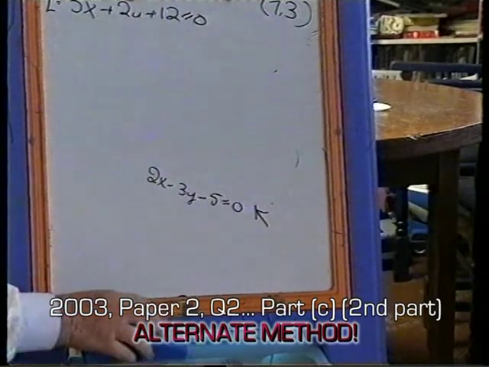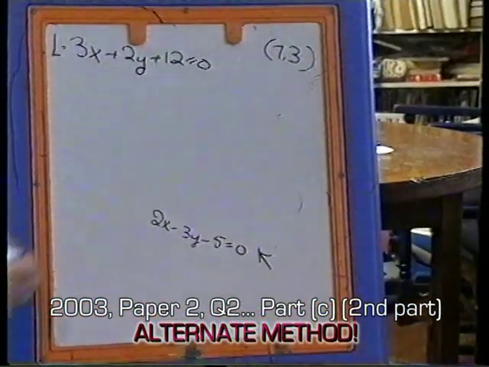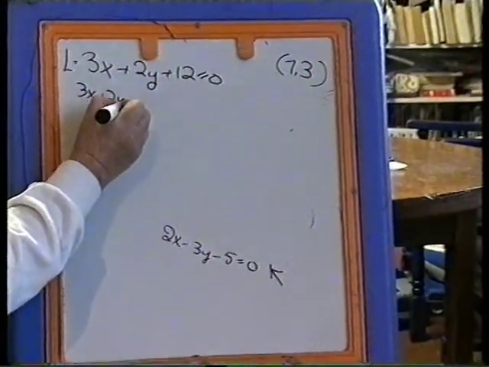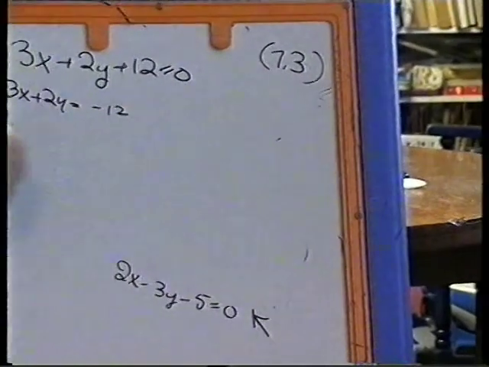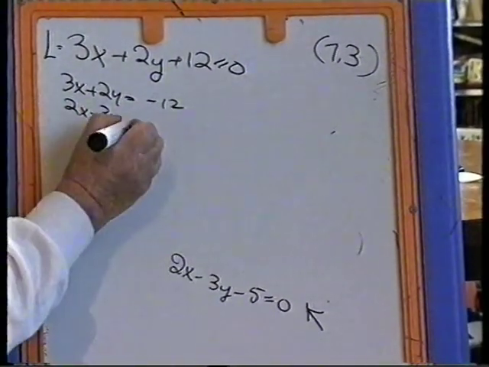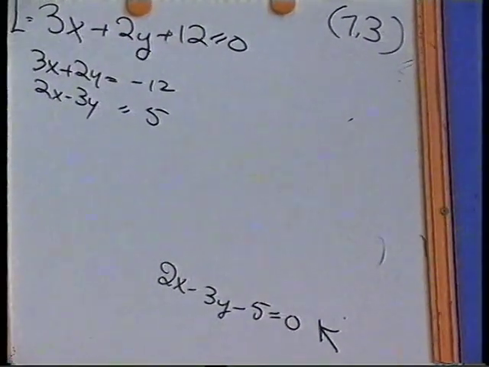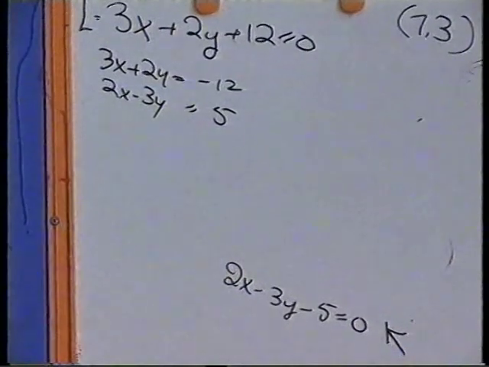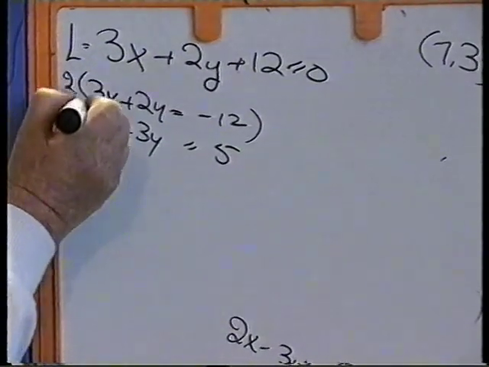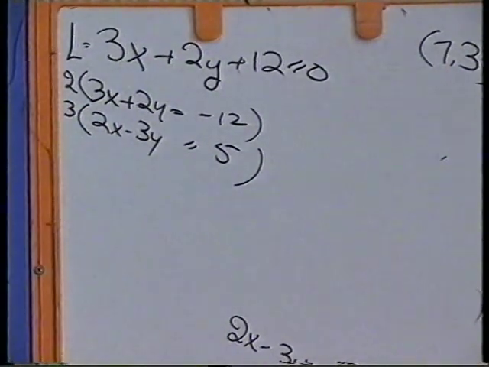Now, we have to find where those two lines meet. And that's a simultaneous equation. 3x plus 2y equals minus 12, and 2x minus 3y equals 5. To get the same number between them, let's get rid of, say, the x's. I'll multiply this line by 2, all of this by 2 to give me 6x, and this by 3 to give me 6x.